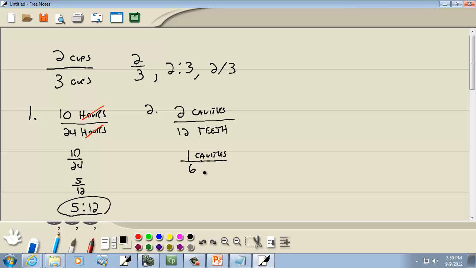Different books do different things. Some like to leave it in this form because then you can write it as the ratio is 1 cavity per 6 teeth. What that means is one out of every 6 teeth you'll have 1 cavity. And if you just want to deal with the numbers, you drop the cavity and teeth and it'd be 1 to 6.